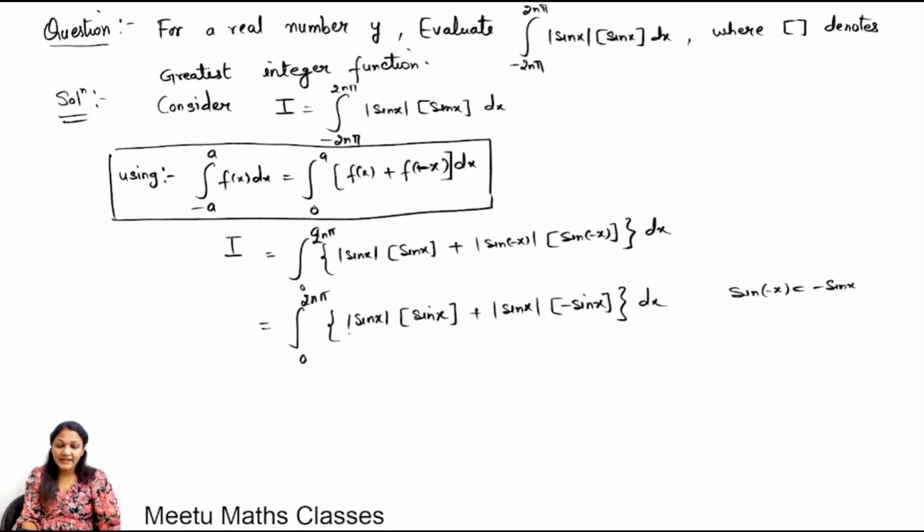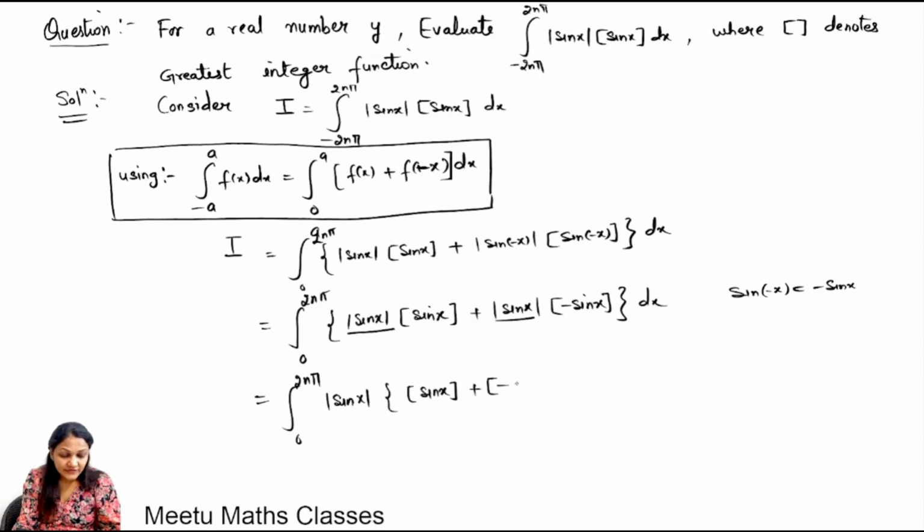So you can take modulus of sin x common. This will give you integral 0 to 2n pi modulus of sin x, and within brackets greatest integer function of sin x plus greatest integer function of minus sin x dx.